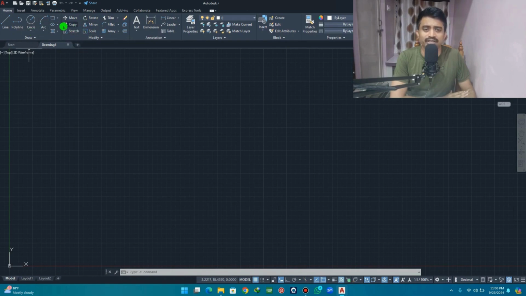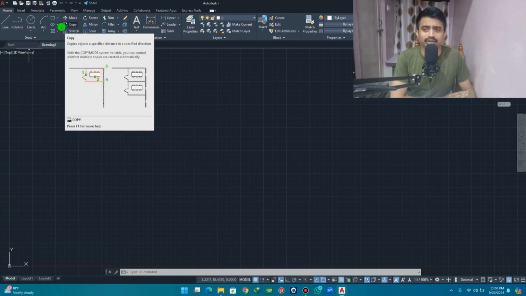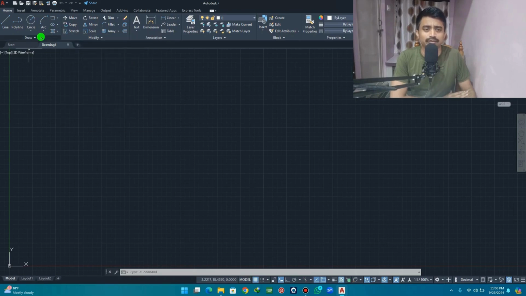Geometrical AutoCAD means if you want to make any shape in AutoCAD, then to make that shape you need two categories of tools, as I discussed earlier. This is the draw category of tools, and this is the modify category of tools. Here all the draw tools are there, and here all the modify tools are there. These are 13 pairs, 26 tools. These are 14 pairs, 28 tools.